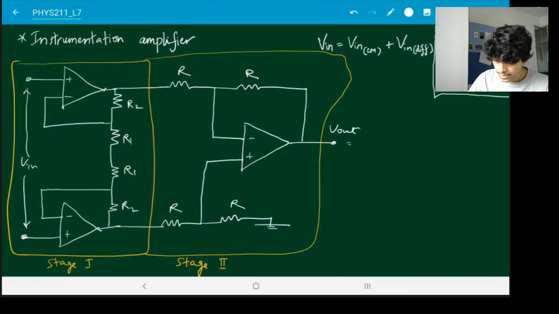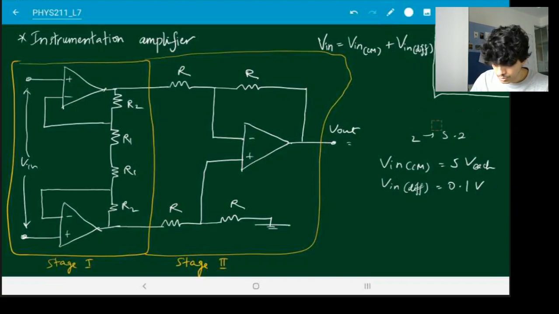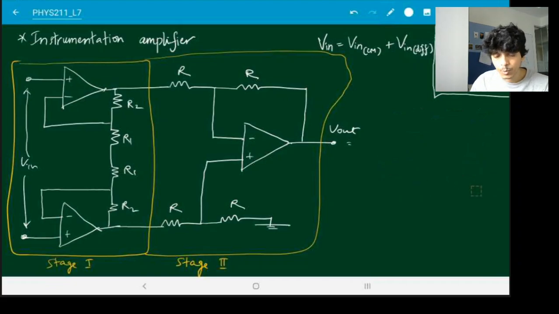Basically, suppose you have two input terminals, input 1, input 2. So if you apply, let's say, 5.1 volts over here and 5.2 volts over here, then what I mean by the common mode input is just 5 volts and the differential input is just the difference between them, so that's 0.1 volts. So you can always divide up your input into these two components, and we will analyze both of them separately.